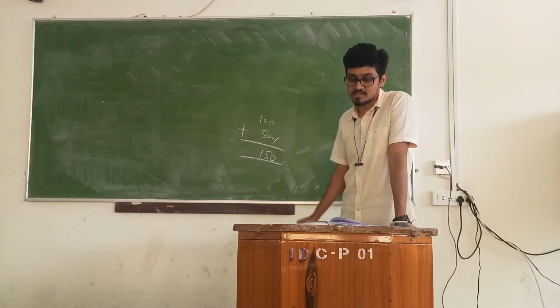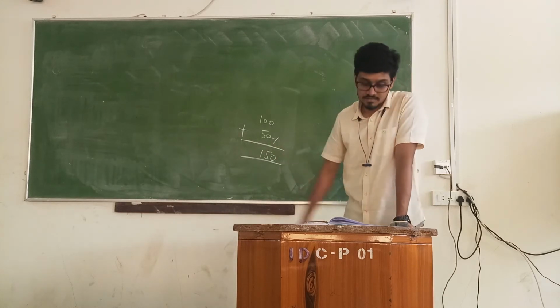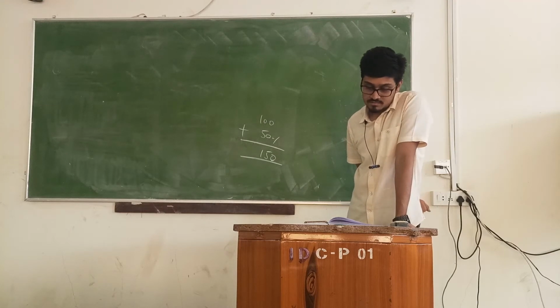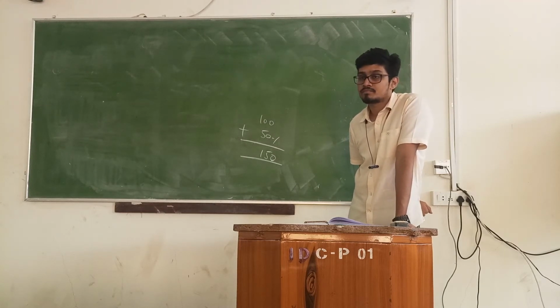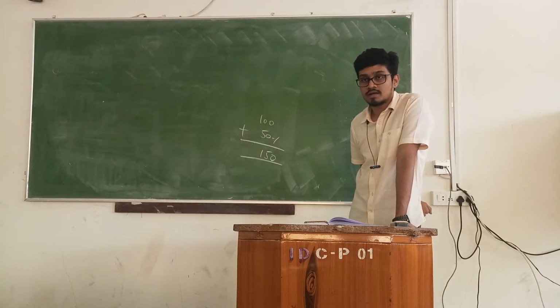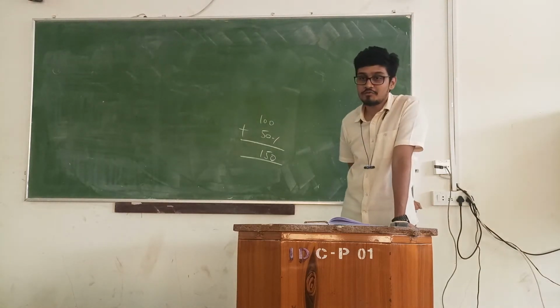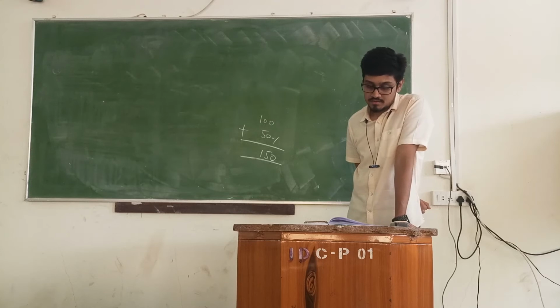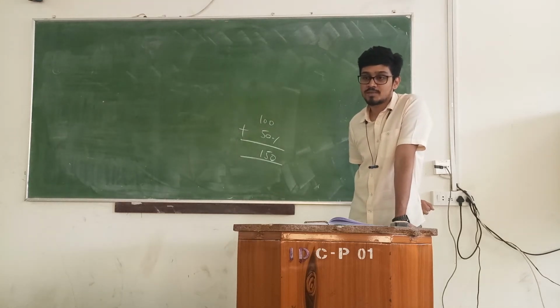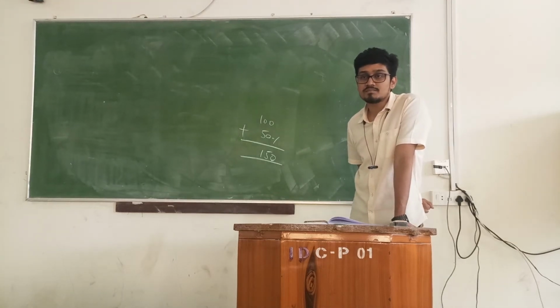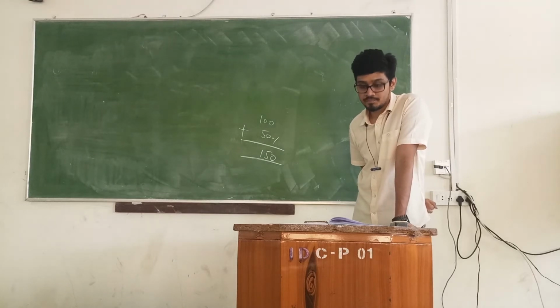Now you will play with your English. Let's see how many of you get the correct answer. Second question. Prices of a commodity becomes 4 times. What is the new index number?